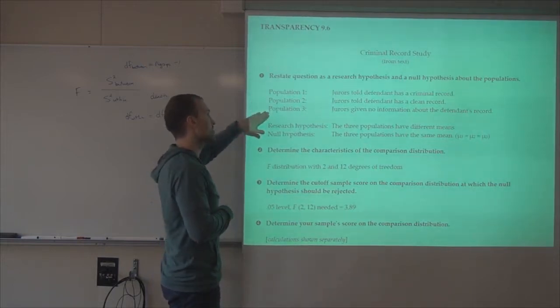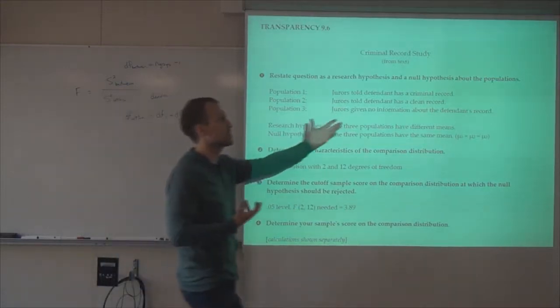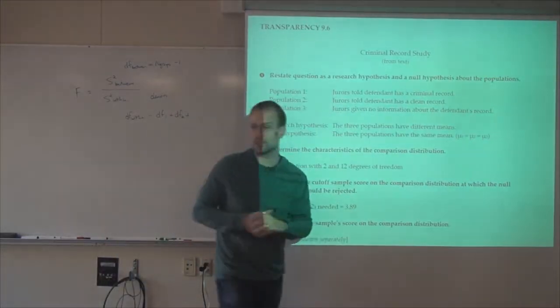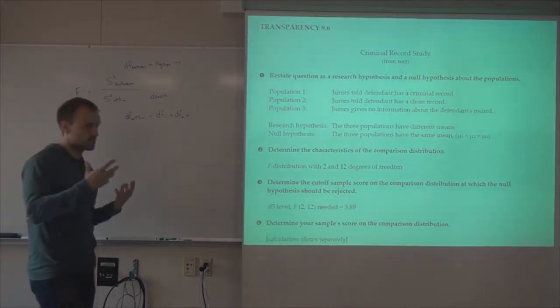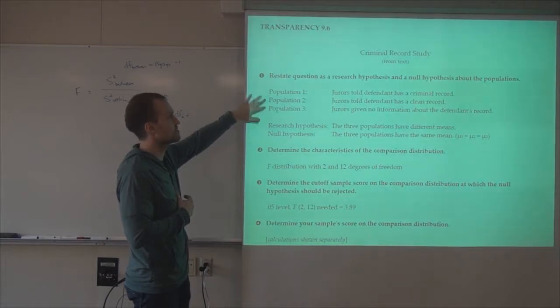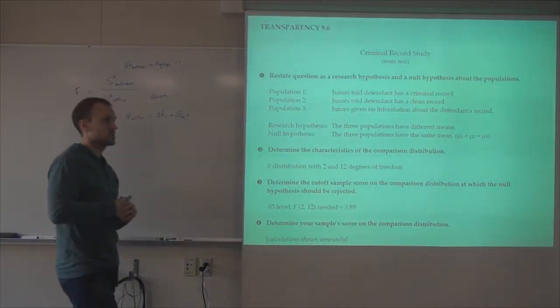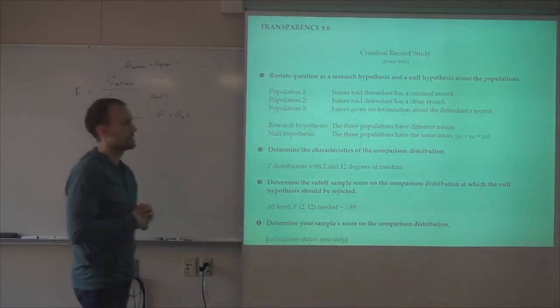Because I have three groups of people, they're independent, different groups. I'm shifting away from a t-test, which would have worked if I had two, but now I have more than two. That's what puts me in the analysis of variance area.